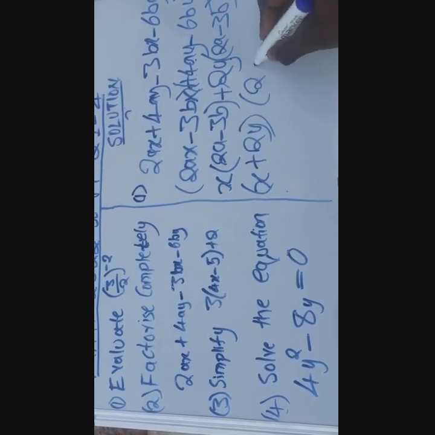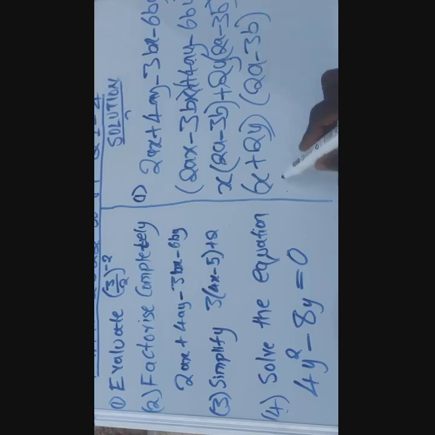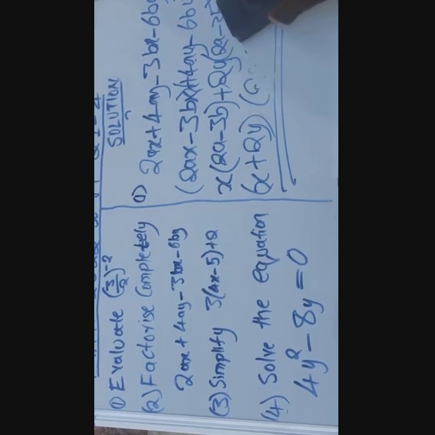So we are going to have 2a minus 3b. And this is how we go about this question, meaning you factorized completely. Okay, this is question 2. Let's go to question 3.